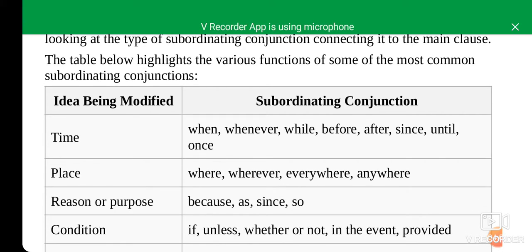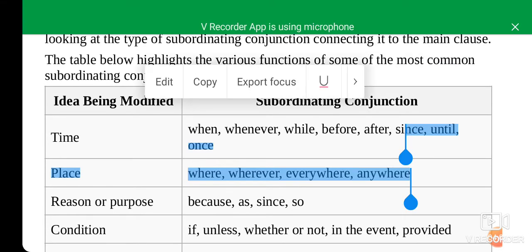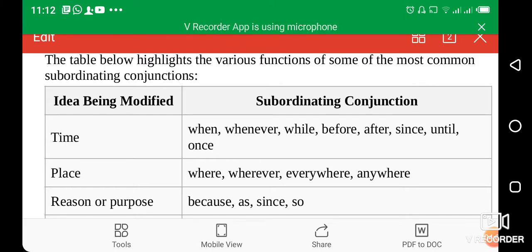Now, these are the words here that show the time: when, whenever, while, before, after, since, until, once. If they are used as subordinating conjunctions before the dependent clause, that dependent clause is used to show the time.